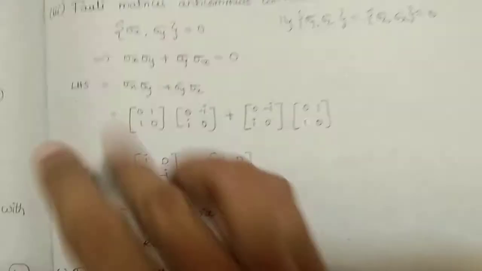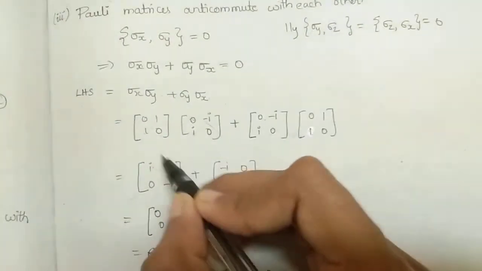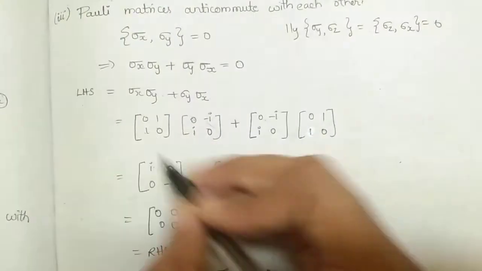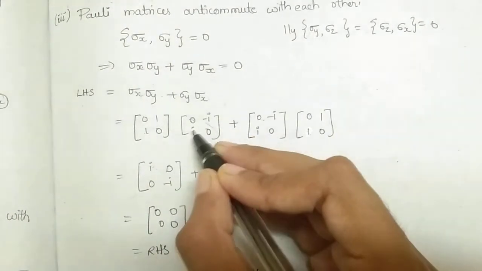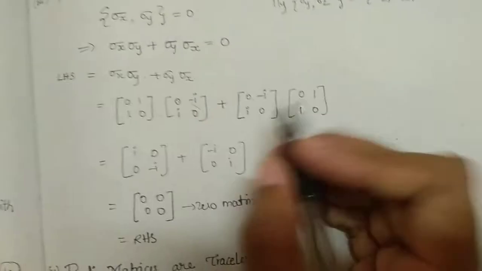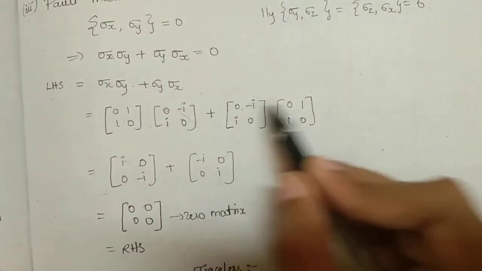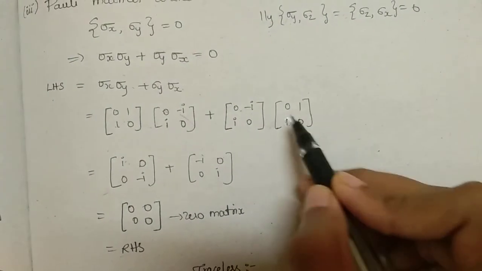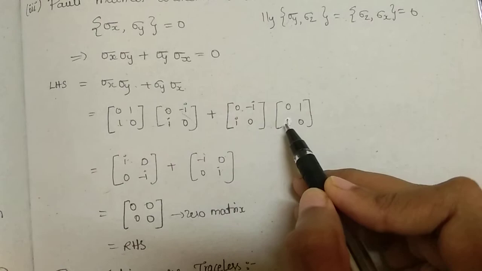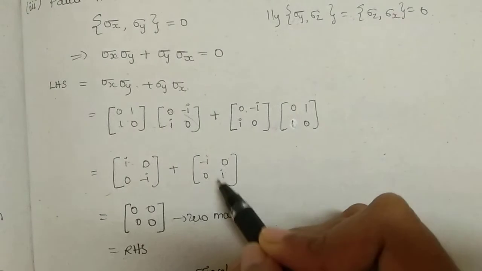So let's do matrix multiplication. 0 into 0 is 0 plus 1 into i is i. 0 into -i is 0, 1 into 0 is 0, so 0. 1 into -i is -i, 0 into 0 is 0, so -i. 0 into 0 plus -i into 1 is -i. 0 into 1 is 0, -i into 0 is 0, so 0. i into 1 is i plus 0 into 0 is 0, so we would get i.